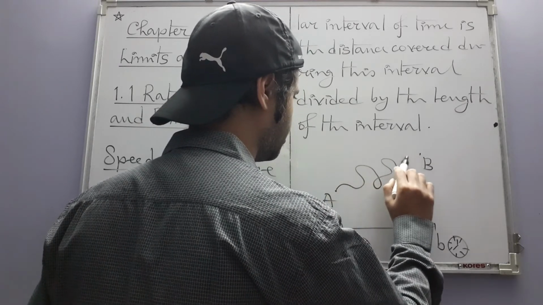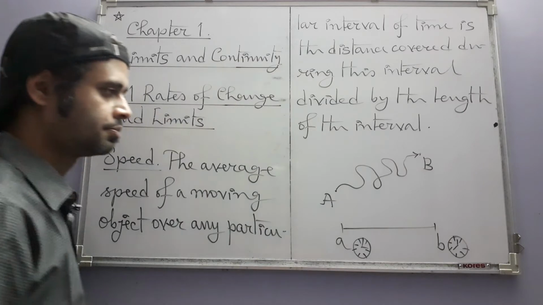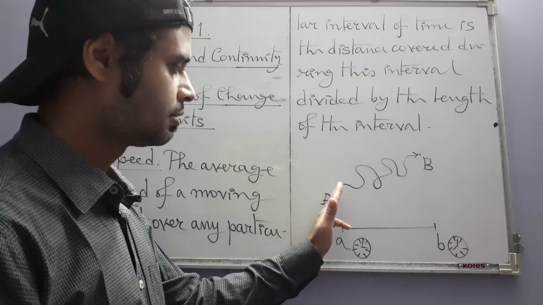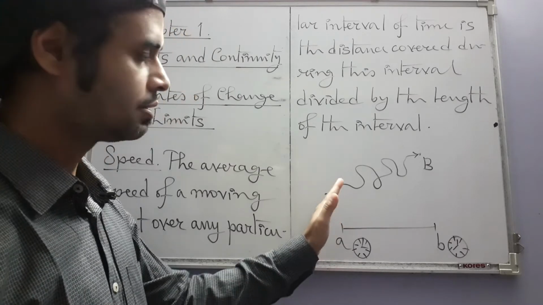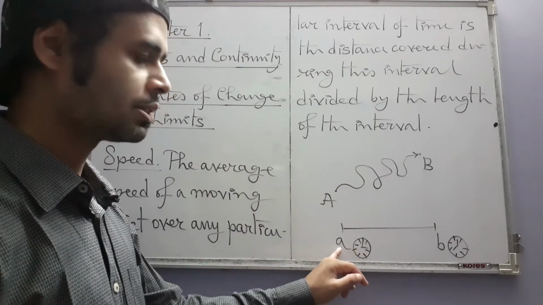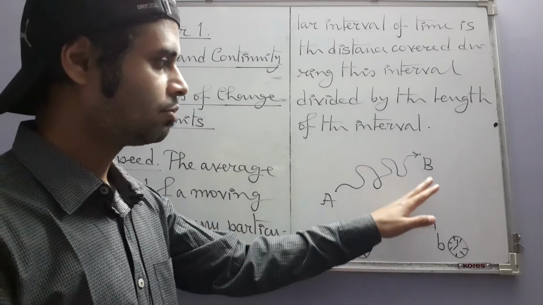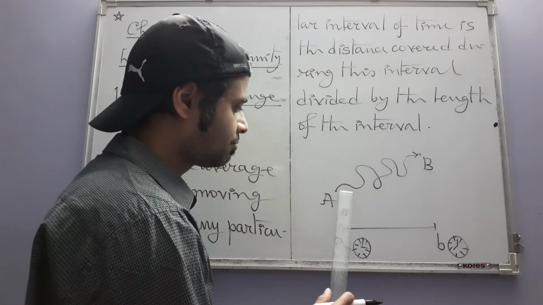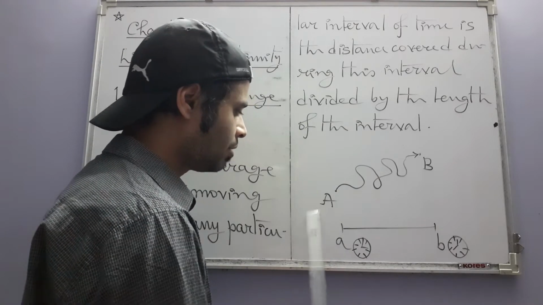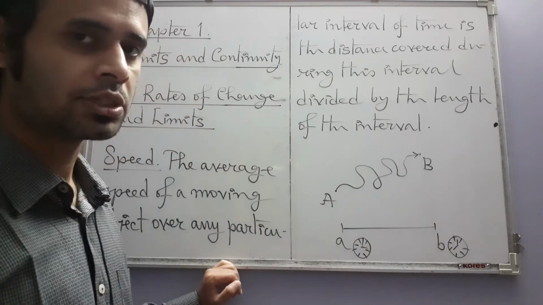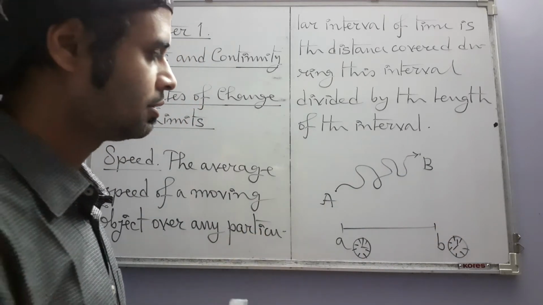Okay, we don't really know how the body is moving. We just know that during this time interval it has traveled some distance and it was at point A when the clock was at this instant, and now it's at point B. In fact, the body may have come to A from somewhere else, and after reaching B also it may continue its motion. We don't really bother about that.